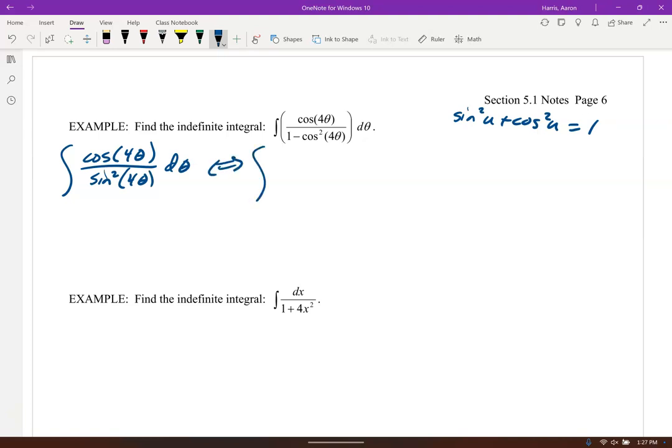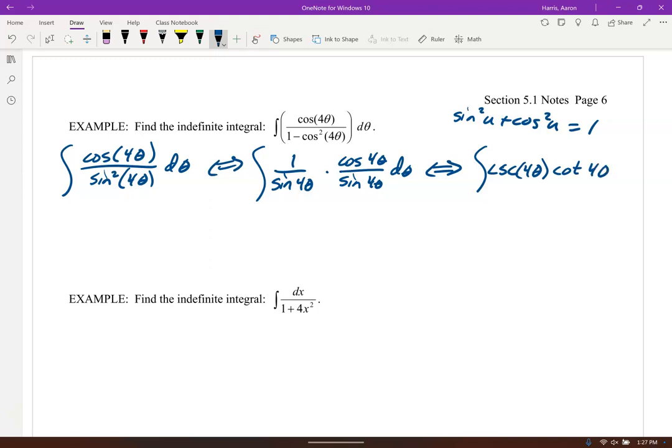In fact, let me rewrite that as 1 over sine of 4 theta times cosine 4 theta over sine 4 theta d theta. And then I'm going to rewrite that. That is cosecant of 4 theta and cosine over sine, cotangent 4 theta.